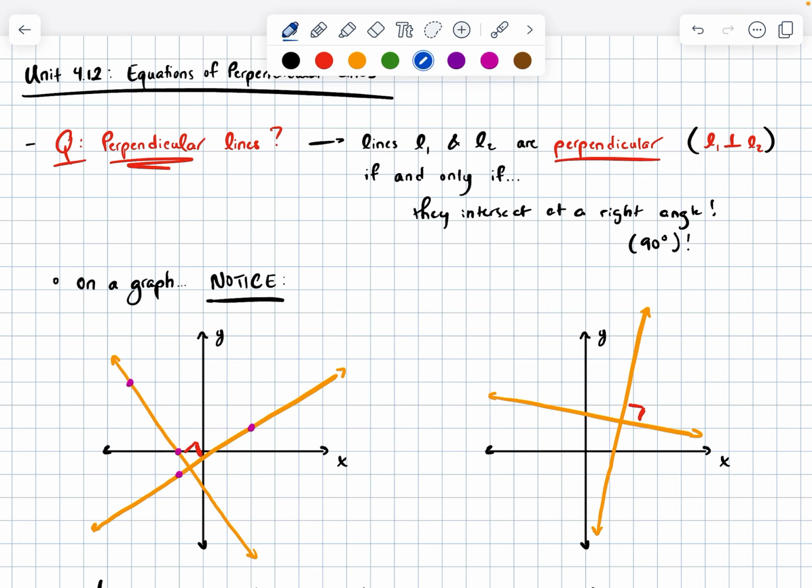Interestingly enough, there's something else about the slopes that are flipped. Take a look here at this guy. If I think about slope as rise and run, notice the run of this line here that's decreasing is 2, and the rise is 3. I know that it has a negative slope, so this guy's slope would be negative 3 over 2.